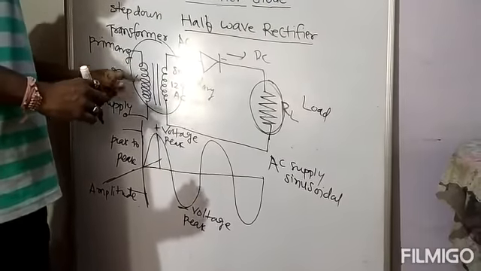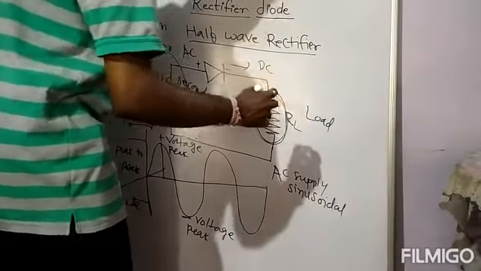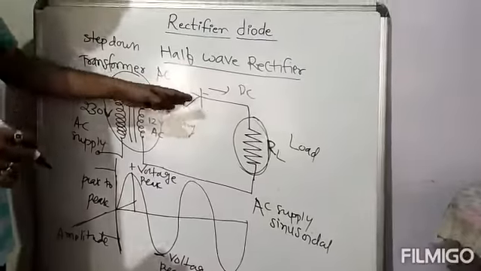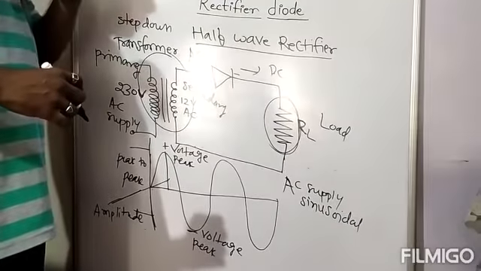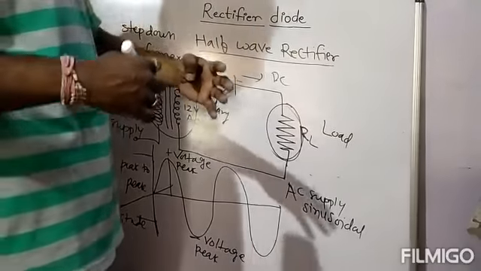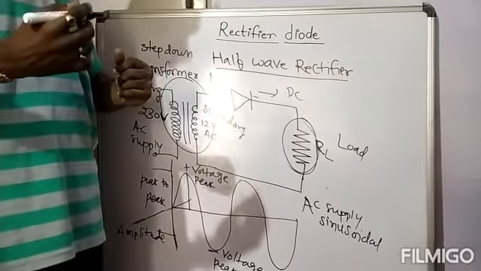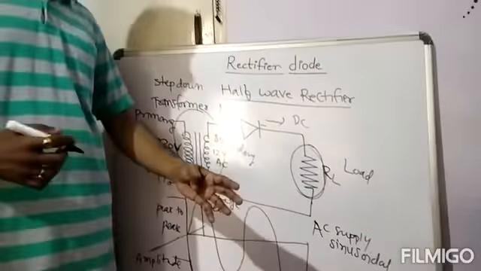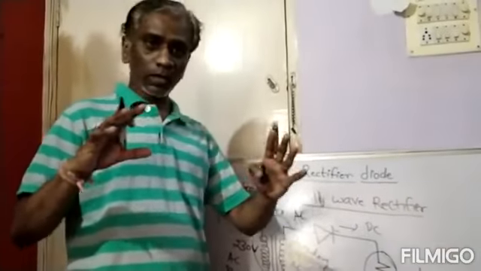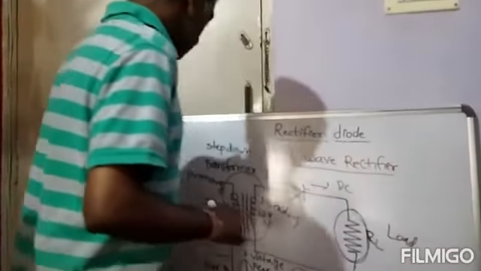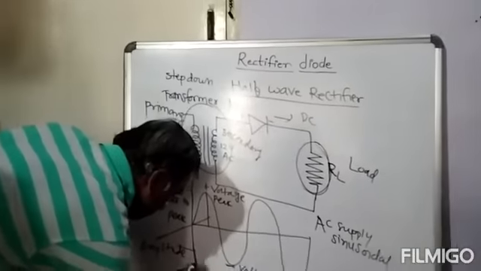As you all know, I have already explained, a diode always conducts whenever it is in the forward direction. Whenever the diode is in reverse direction, the circuit will be open or it will not conduct at all.